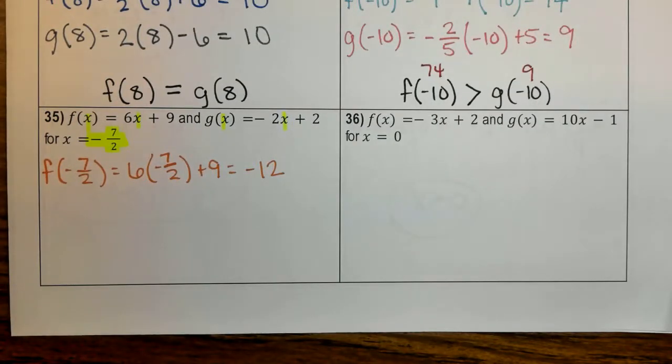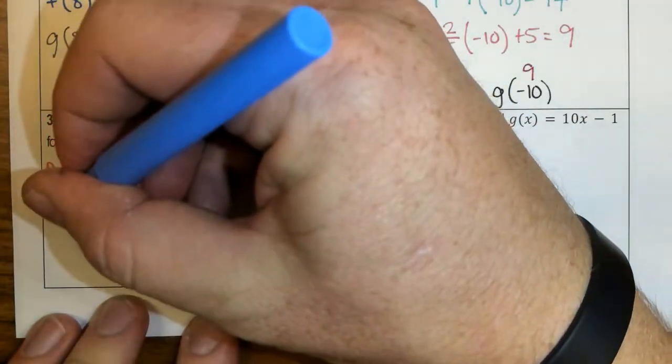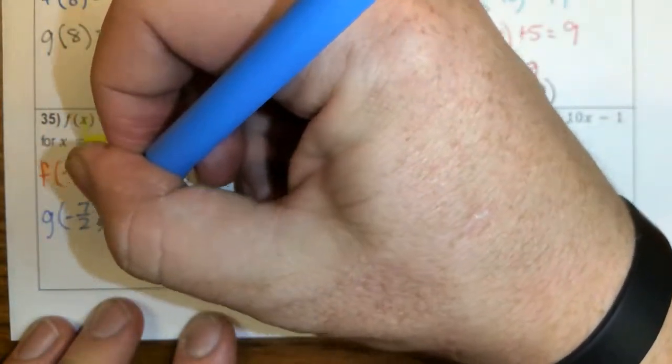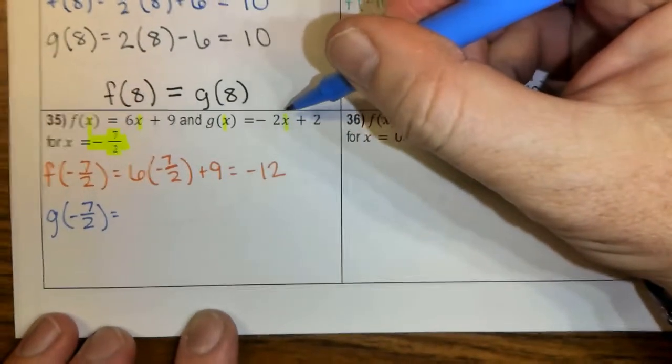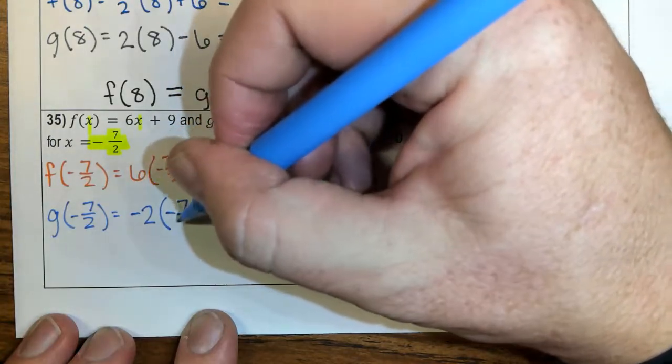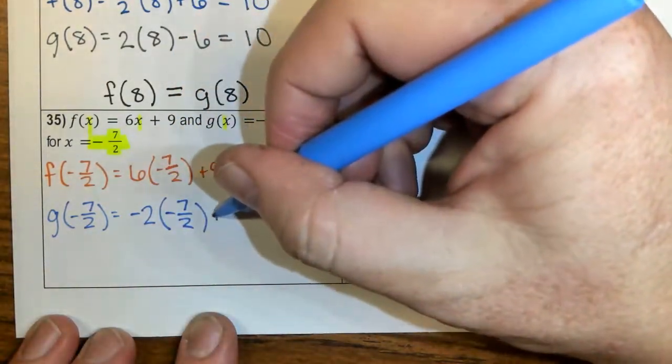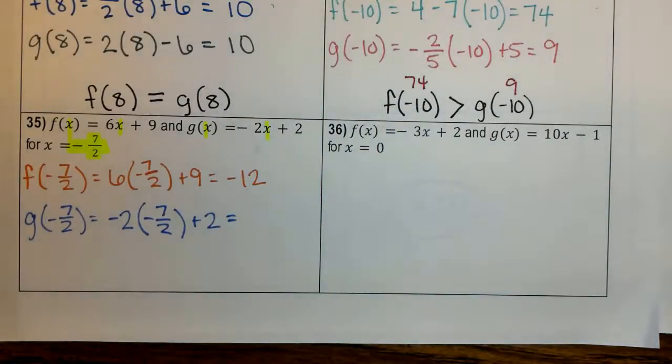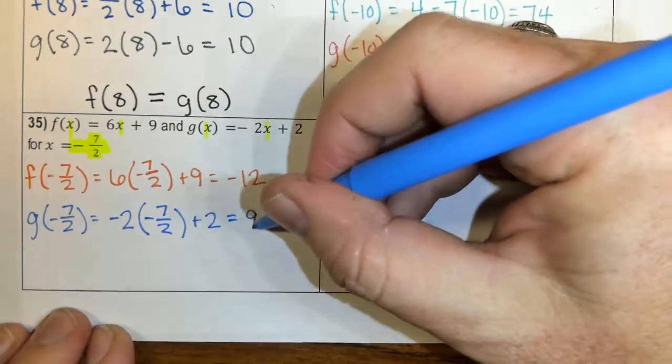That's f. Okay, then we do g. So we got g of -7 over 2 equals -2x, so -2 parentheses -7 over 2 plus 2 equals, all right, let's see, that would be 9.